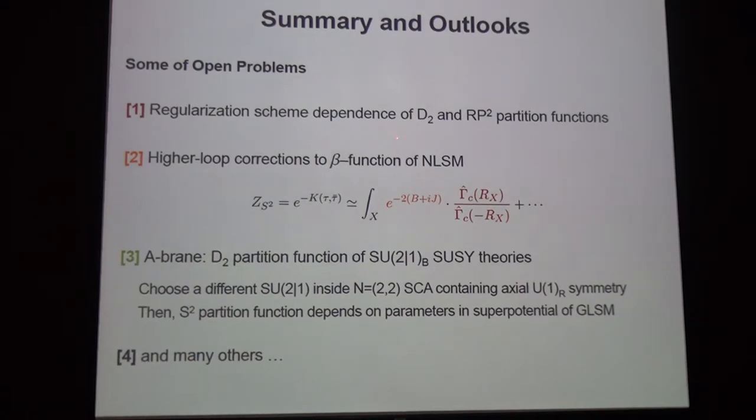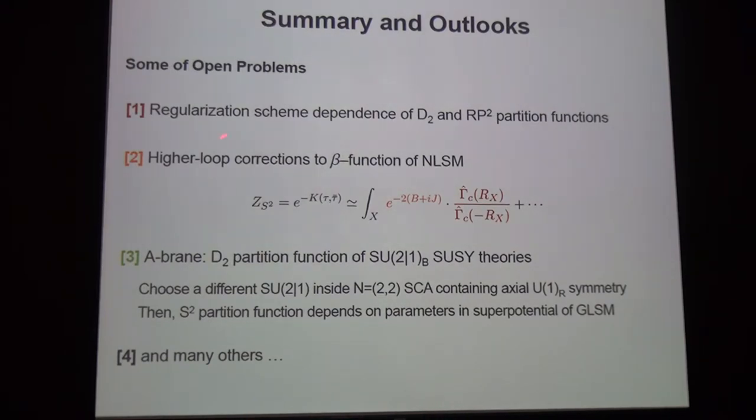But we didn't do any systematic analysis like what we discussed for the two-sphere partition function. So it would be very interesting. If this finite term of the partition function is independent of the regularization scheme, then it would be a very interesting question what this quantity really means, or what is the physical meaning of this finite term of the hemisphere and RP2 partition functions without relying on the space-time physics, just within the context of conformal field theory in two dimensions.